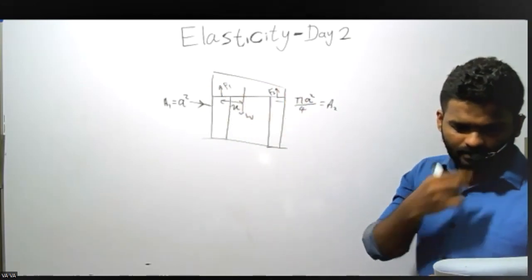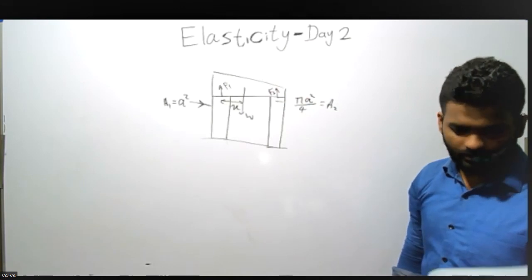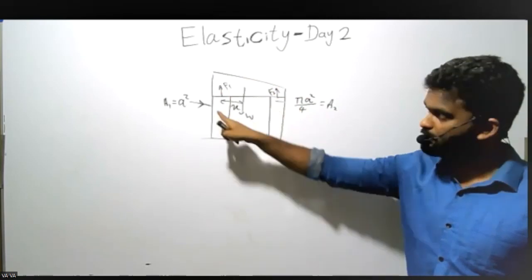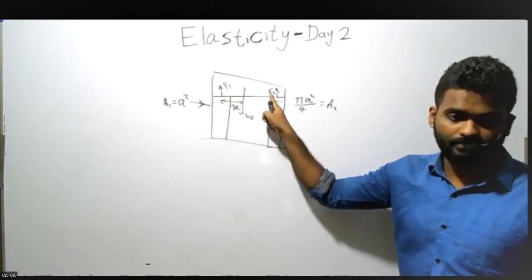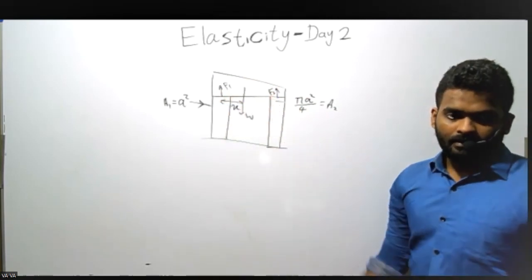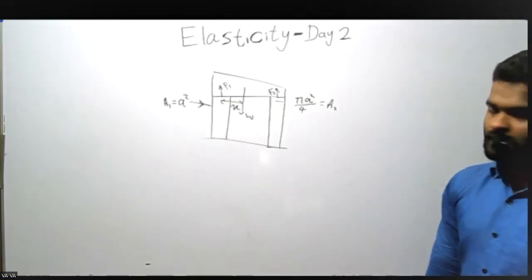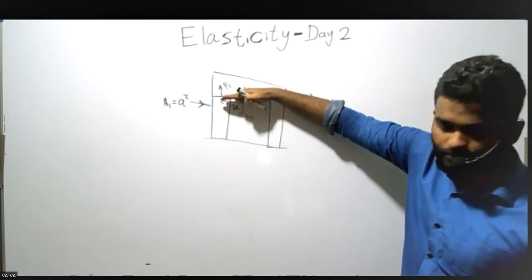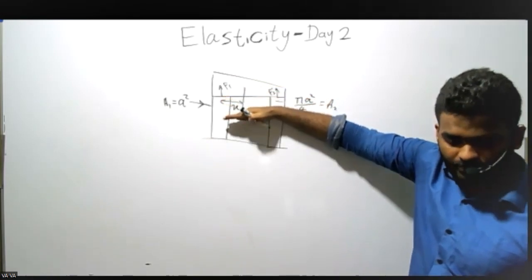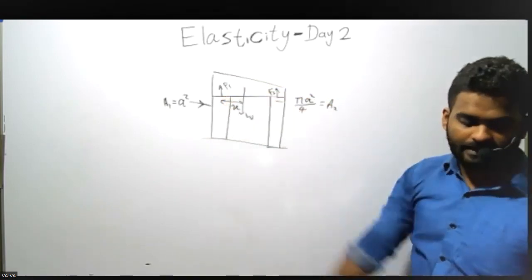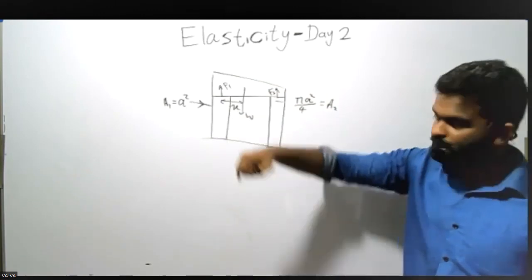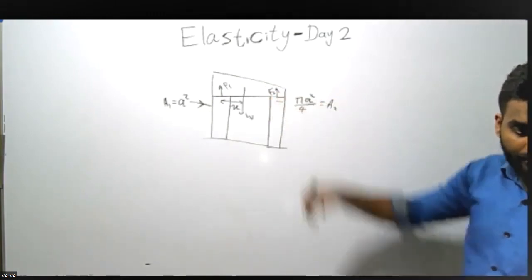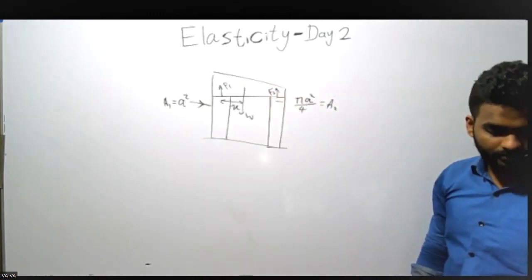No, a concrete beam. So the concrete beam is balanced by these two forces, F1 and F2. Due to the weight of that, these two pillars are compressed by the same amount. They say it remains horizontal, so this is compressed by e, and this is also compressed by e. Right?